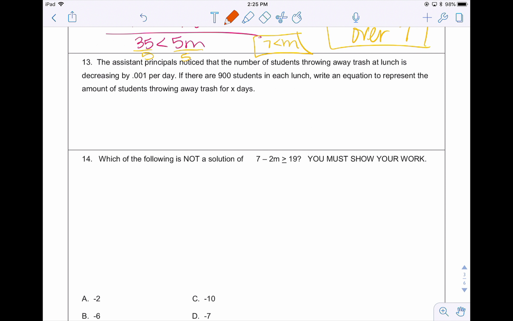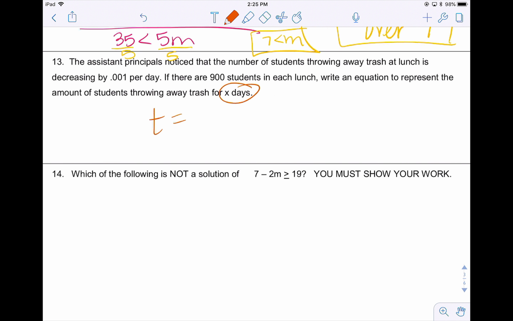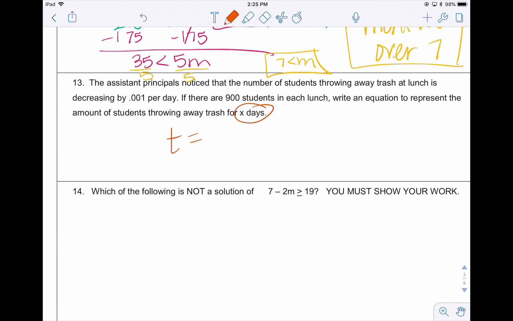13 says the assistant principals notice that the number of students throwing away trash at lunch is decreasing by 0.001 per day. If there are 900 students in each lunch, write an equation to represent the amount of students throwing away trash for X days. So we're going to let T equal trash, and they told me X was days, so I need something with days. So T is actually going to equal students throwing away trash.